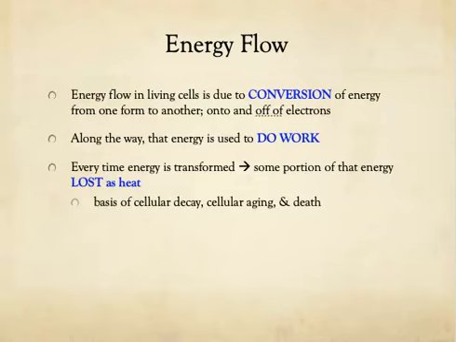It is the time that an electron or electrons spend in motion that the energy associated with those electrons is available to do work. So, energy is moving in a living cell, and the cell needs that energy to do work.